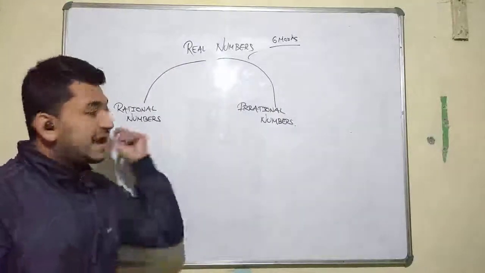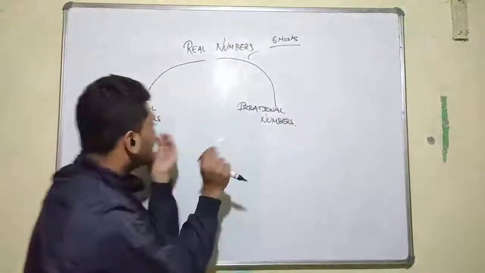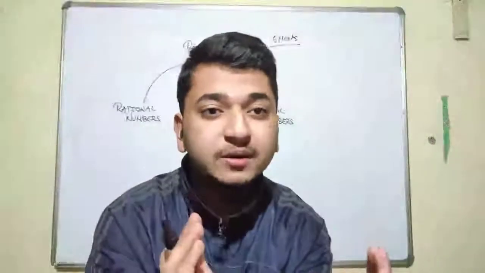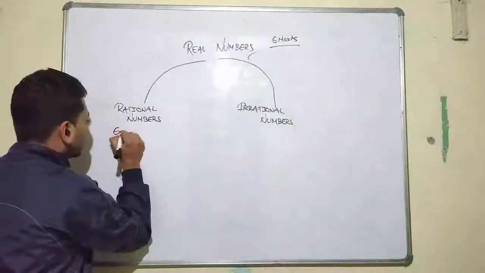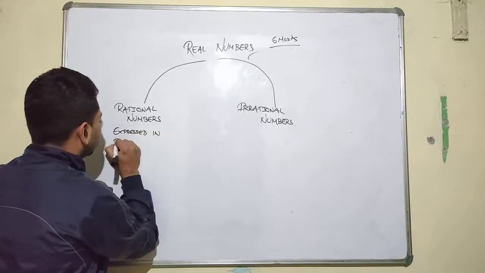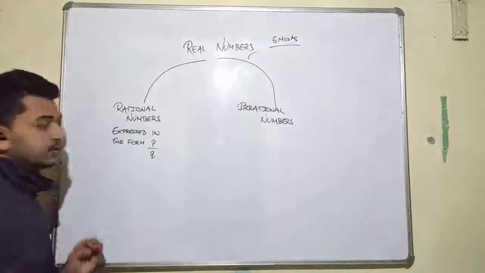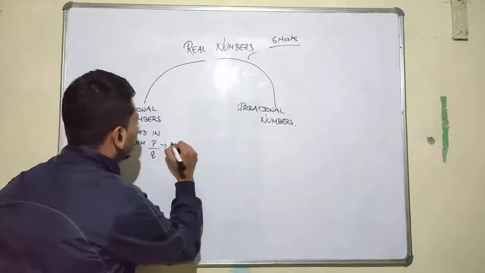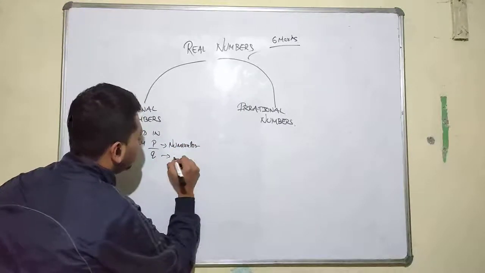So, coming back to the real numbers, 2 compartments, rational, irrational. So what is rational now? Rational numbers are the numbers which can be expressed in the form P by Q. Okay, and P is our numerator, Q is our denominator.